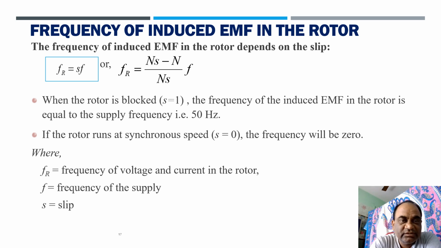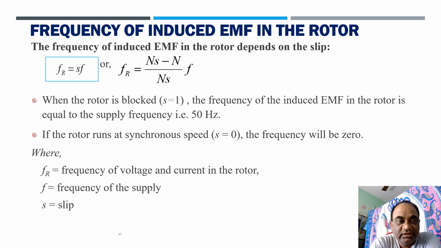So when the rotor is blocked, that is, stalled, slip is 1 and the frequency of the induced EMF of the rotor is 50 hertz, as I told you. If the rotor runs at the synchronous speed, s equal to 0, the frequency will be 0.